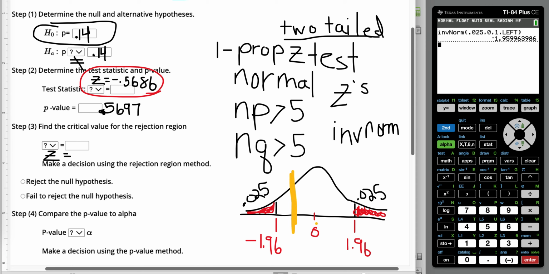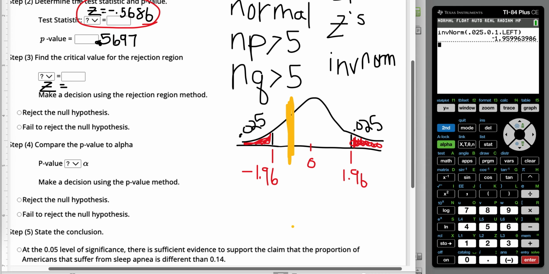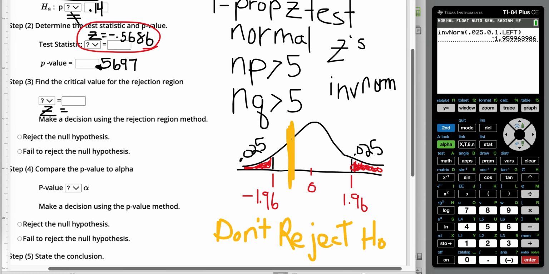It's negative, so it's going to be to the left of 0, but it's not as small as the negative 1.96. It's not past this area here. So it falls in this white area, which means we're going to fail to reject, or we're not going to reject H0, because it does not fall in the rejection region.